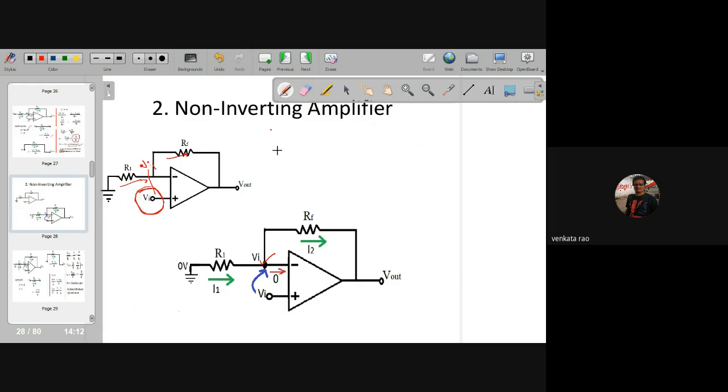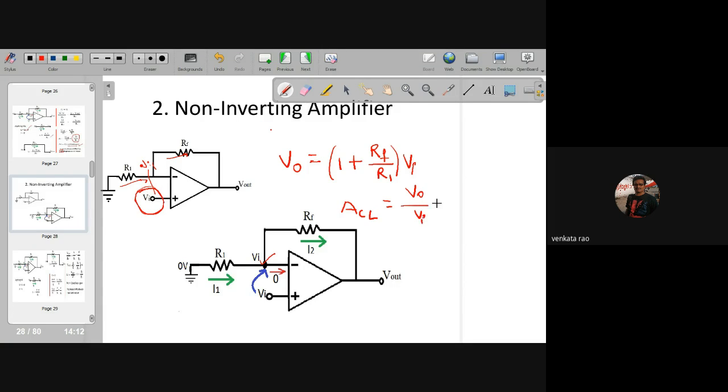You get the output voltage V0 is equal to 1 plus RF by R1 into VI, the input voltage. That is the output voltage you get. So the closed loop gain ACL is V0 by VI.